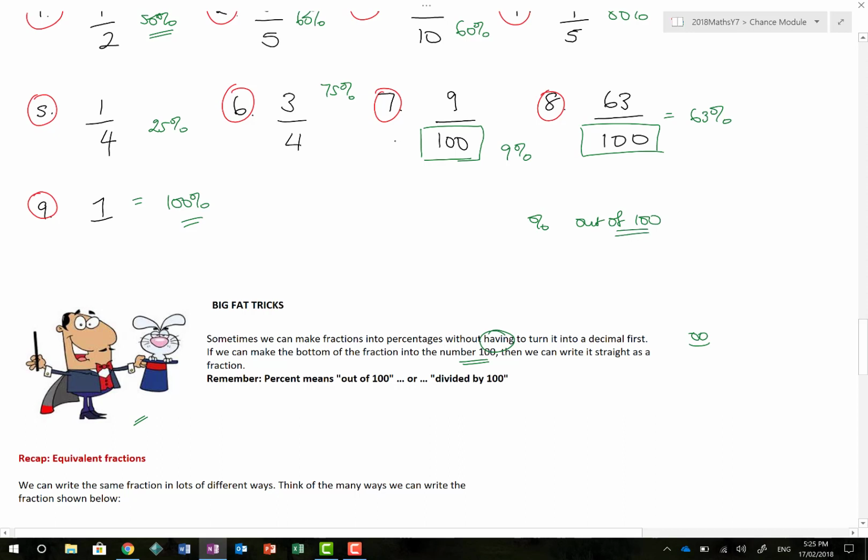And we know that this little divide sign here can also be written as out of. So 9 out of 100 is exactly the same as 9%. If I can make the bottom of my fraction 100, I can actually write this top number here as the percentage. Wow, mind blown.